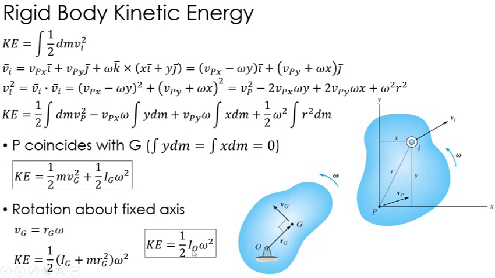And that's going to include both the translation and the rotation part. So you can take the total kinetic energy to be this if it's about a fixed axis, or this other equation works for anything, based on the center of gravity.